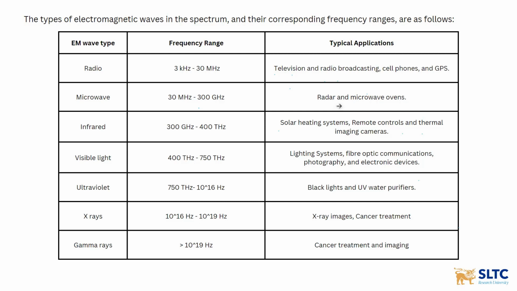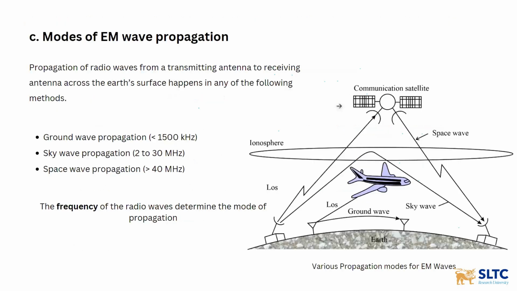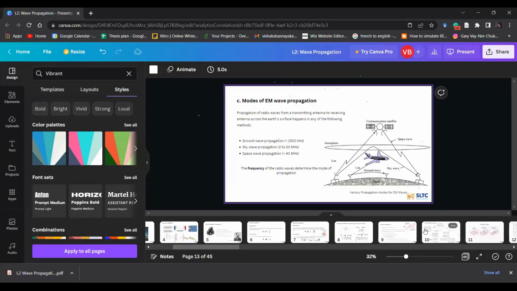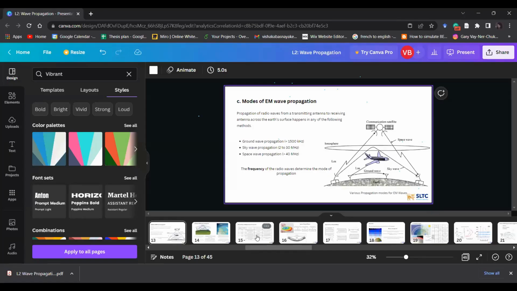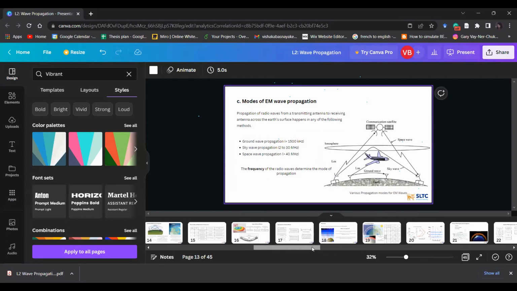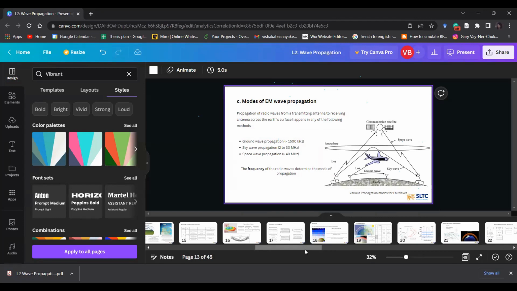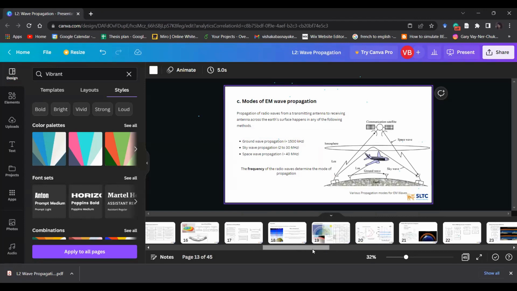Okay, and then we are talking about satellite communication in these classes. I have talked about satellite communication a little bit in the previous class. And you know that satellite communication requires a higher frequency.